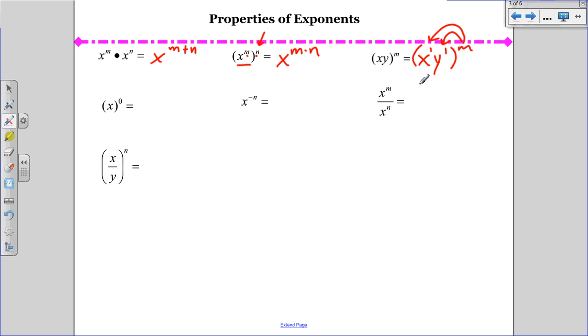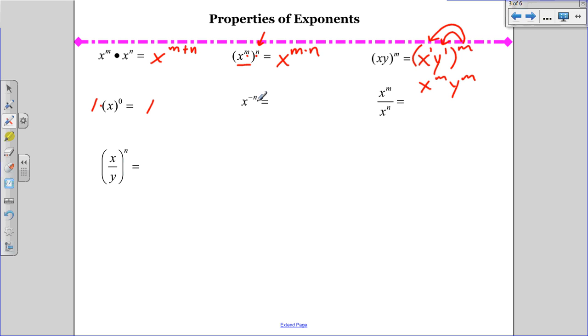So really this is going to be x to the m power, y to the m power. Okay. Now anything repeated to the 0 power, so that means how many x's are there? There's 0. So we have the imaginary 1 in front, so this actually equals 1. The absence of anything in multiplication is equivalent to 1.